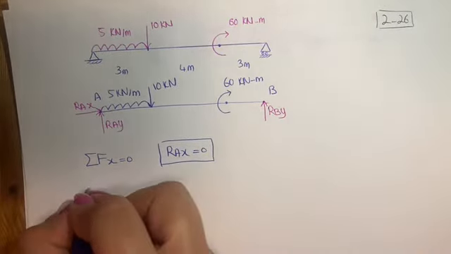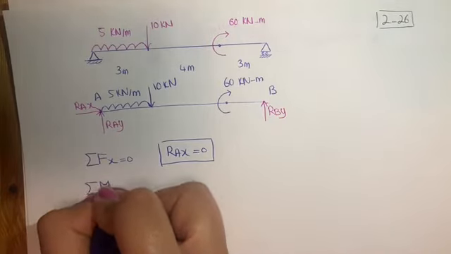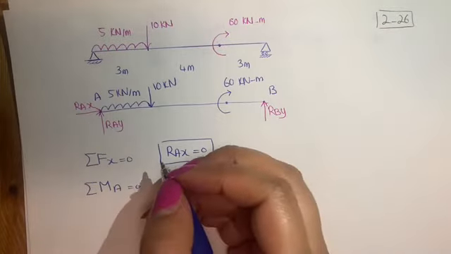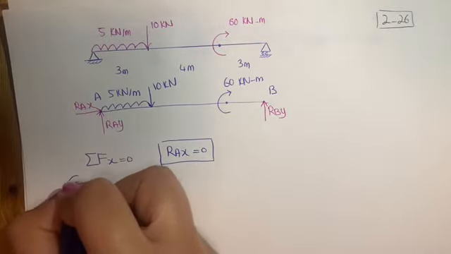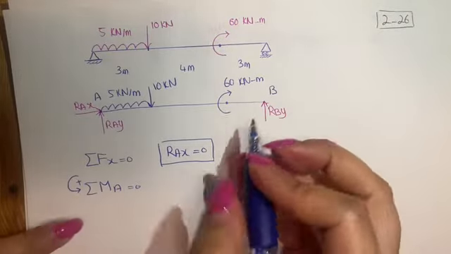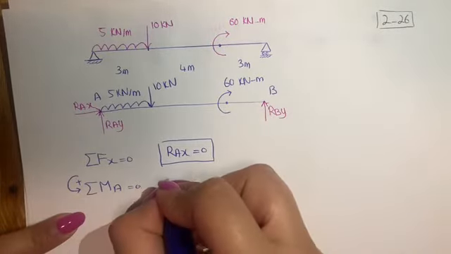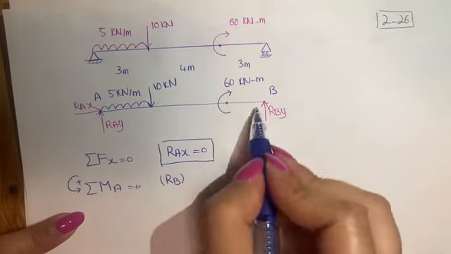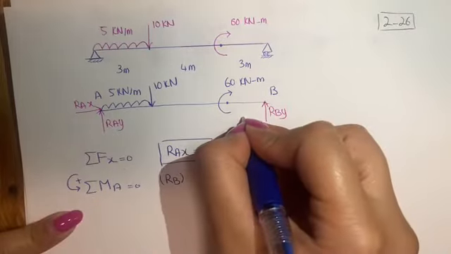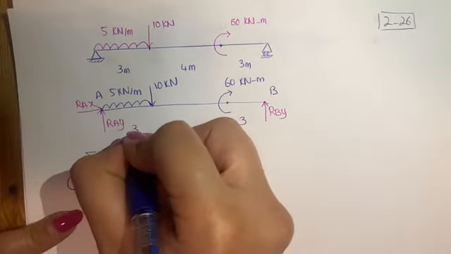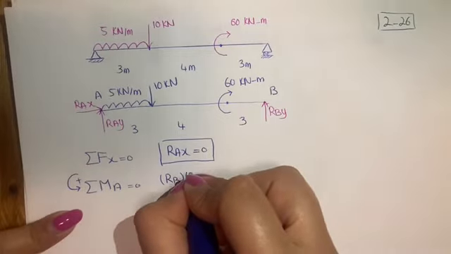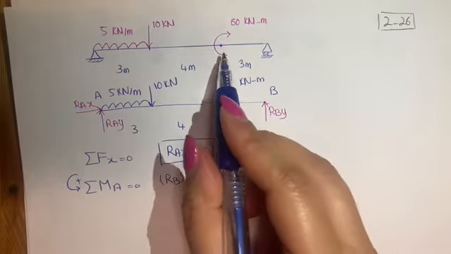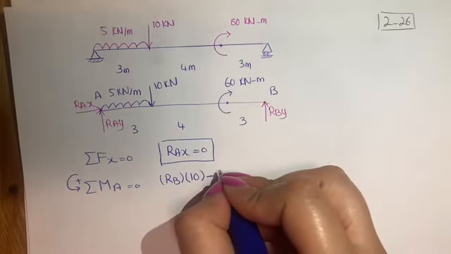The next equation I have is sigma M at point A, this point, equal to 0 with this direction as positive. So if I start from the right hand side, I have RB times this distance, which is 3 plus 4 plus 3, 10, based on the question, minus this concentrated moment.